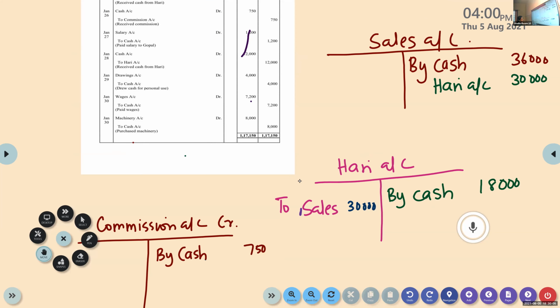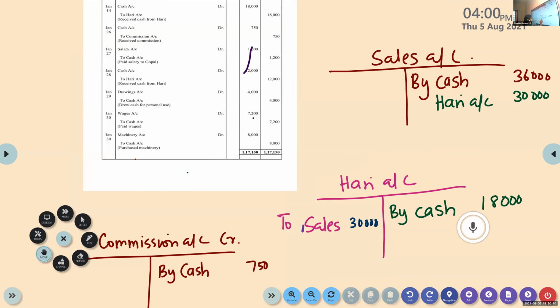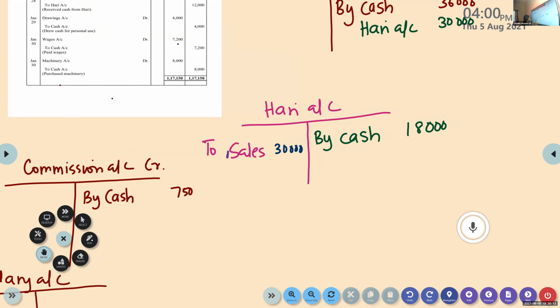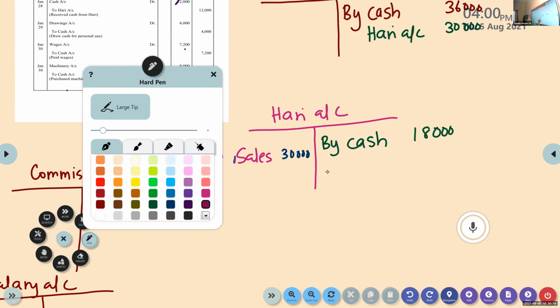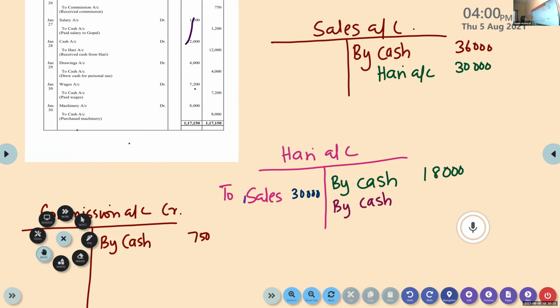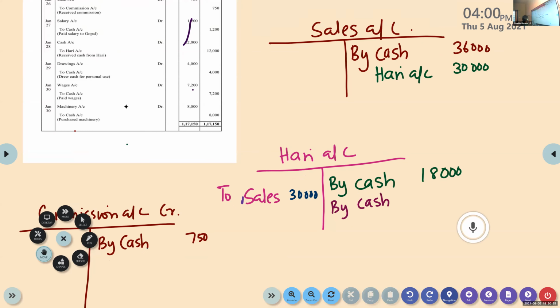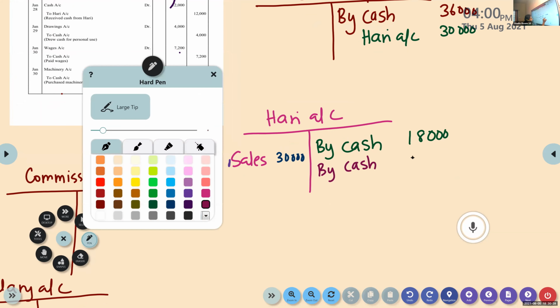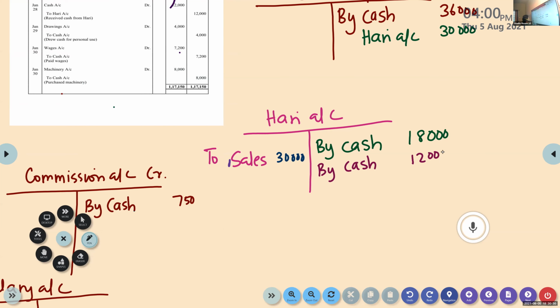Cash account debtor to Hari, so by cash, 12,000. Okay, cash account debtor to Hari is over.